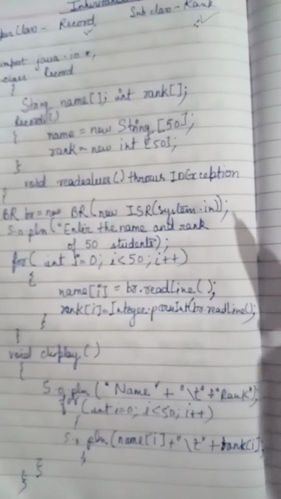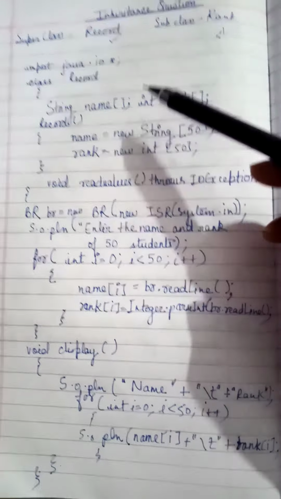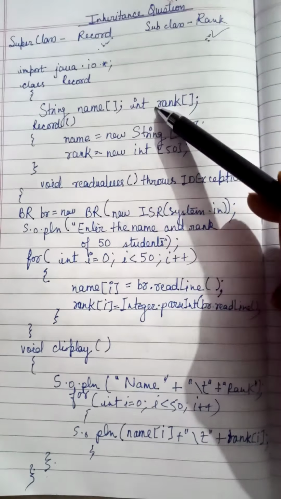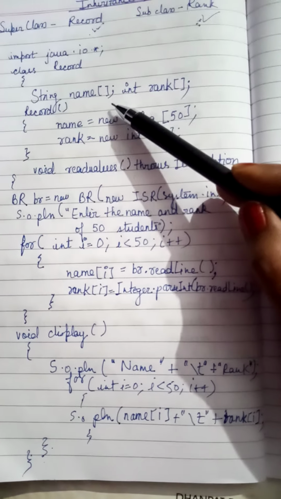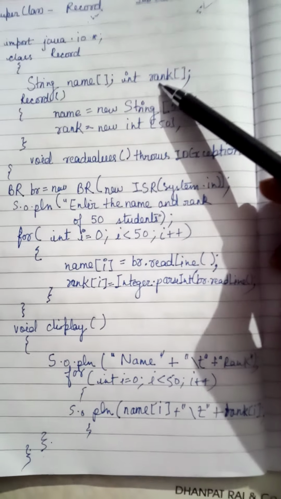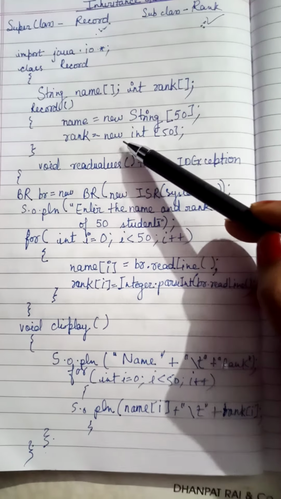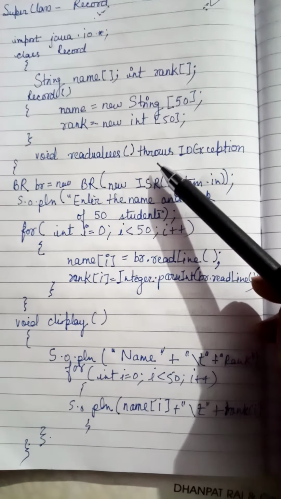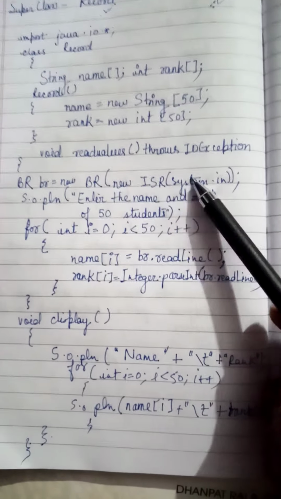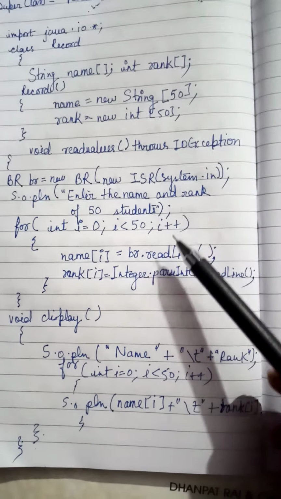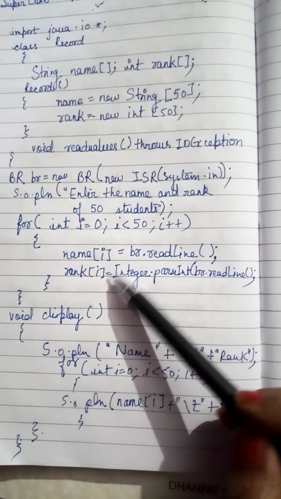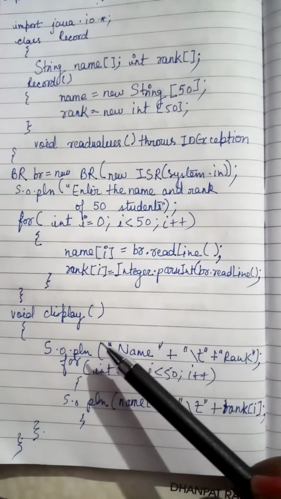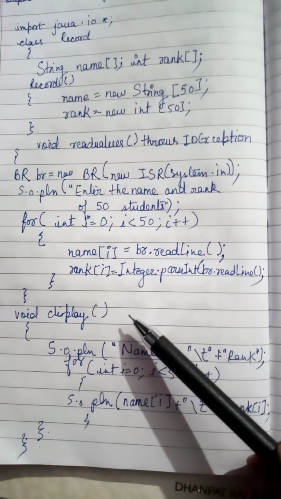So this is the superclass Record. Two variables, arrays declared, one for storing 50 names, one to store 50 ranks, and the constructor creates the arrays. Then in readValues, taking input from the user 50 names and 50 ranks in name[i] and rank[i]. We are using a loop there to store the values in the array.